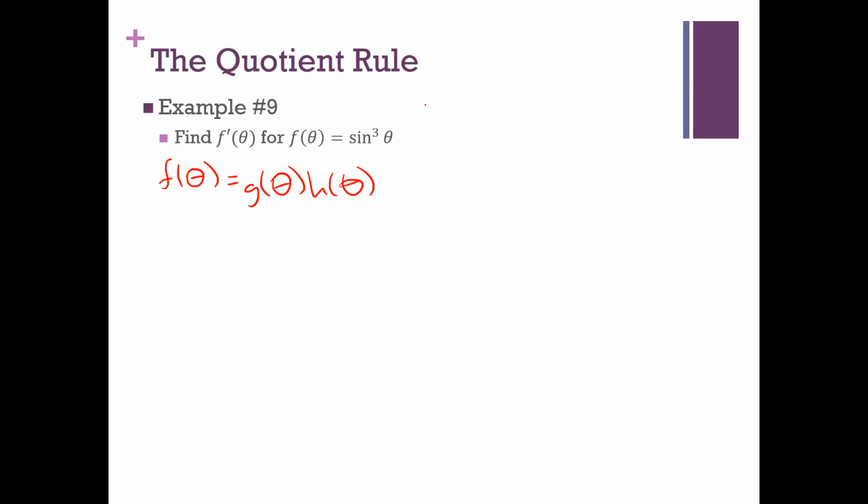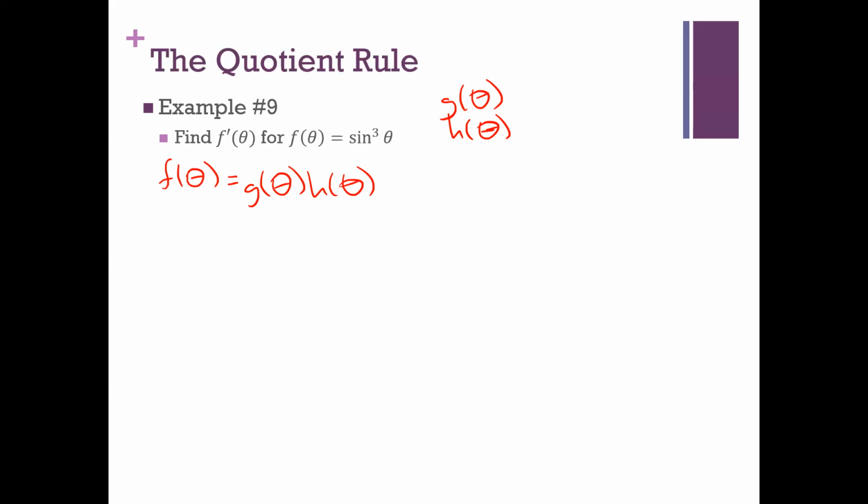If you're telling me we can use product rule, then that means the function f, I can break that down into g of theta and h of theta, where when I multiply those together, I get sine cubed. So there are things I know the derivatives of that I can multiply together in that way. Here, try again.